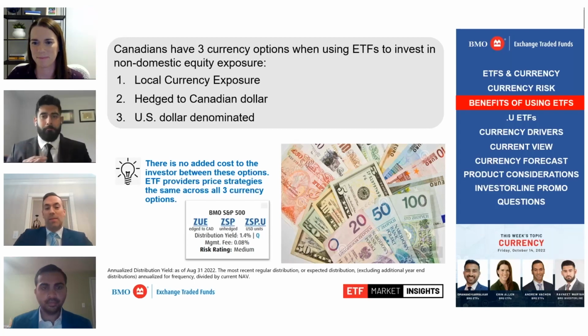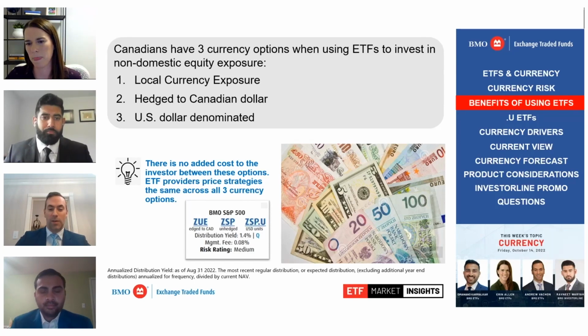Yeah, one of the many benefits of ETFs is that you can manage your currency exposure. It's becoming more and more popular today. Many ETF providers offer 2 or 3 currency options on the same strategy, so investors can choose the type of exposure they want. Essentially, investors typically go about it 2 to 3 ways when investing. If they want to make a currency call, they usually go unhedged to take advantage of potentially 2 sources of return.